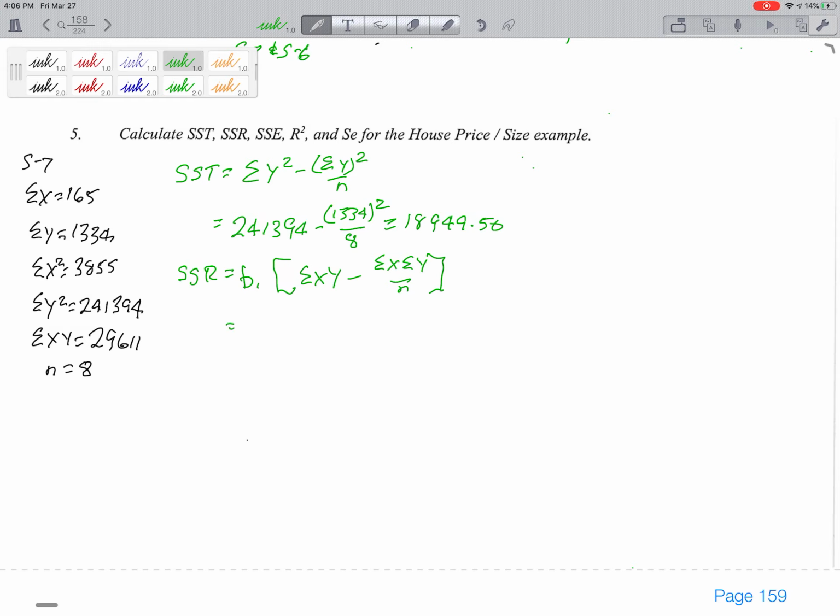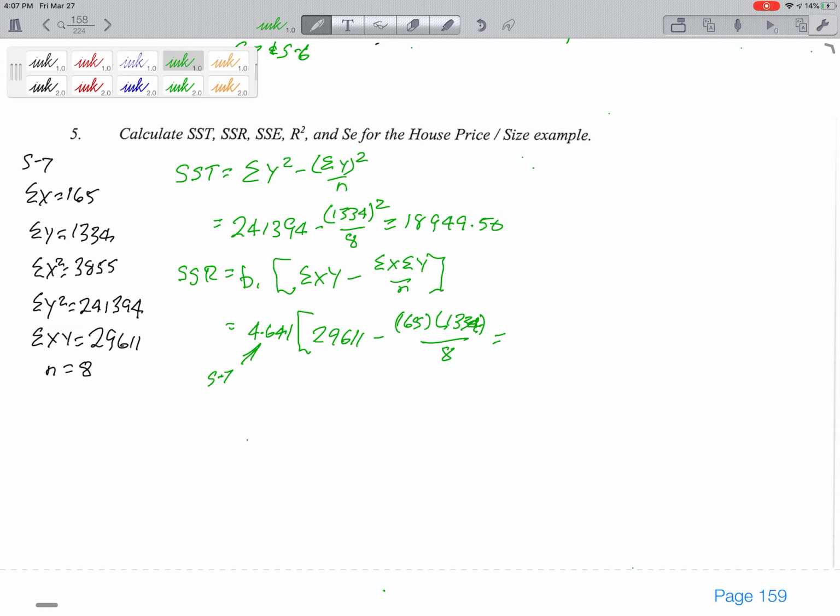And that's equal to 4.641, and that's from page S7, times 29,611 minus 165 times 1334 over 8.